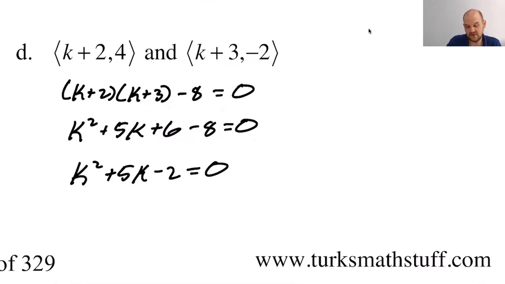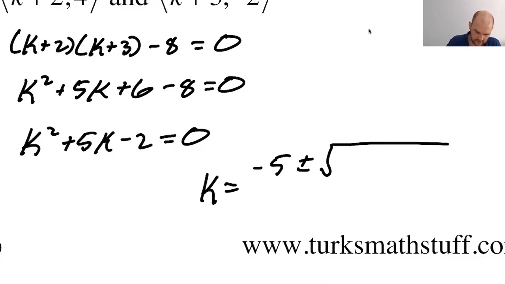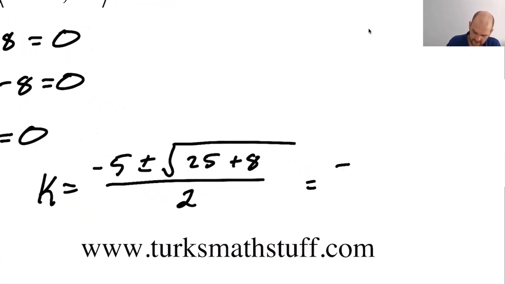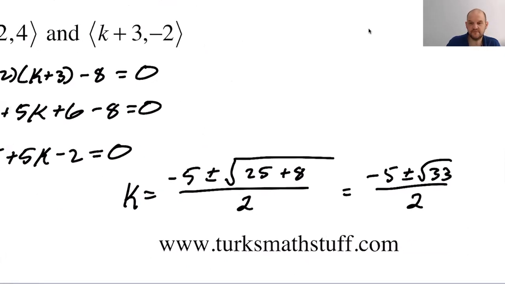So I'm going to use the quadratic formula. k is the opposite of b, plus or minus the square root of b squared, so 25, minus 4 times -2, so plus 8, all over 2a. So I guess we'll say -5 plus or minus the square root of 33, over 2. That's weird, but there you go.